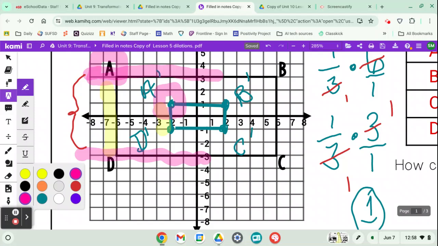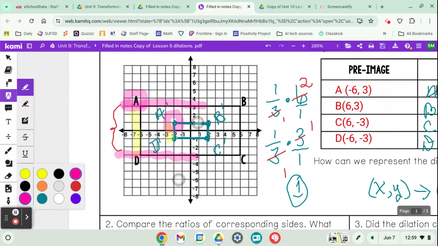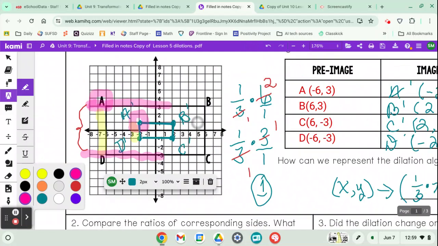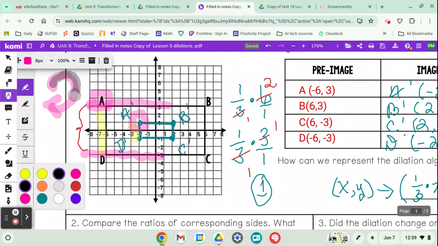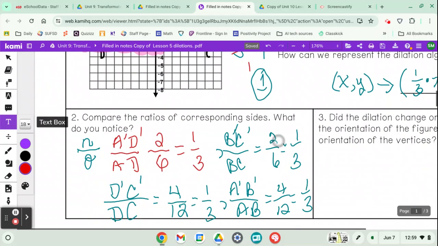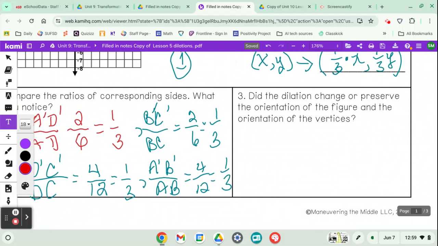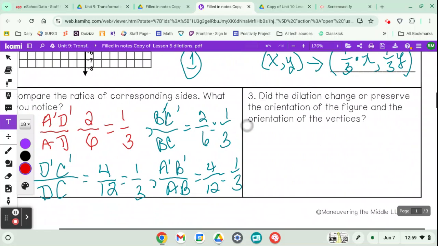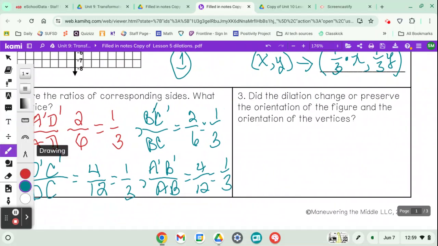For the orientation of the corners, when we name rectangle A, B, C, D, we are going clockwise. And when we go ahead and do it for A prime, B prime, C prime, D prime, we are also going clockwise. So down on our number 3 for the last box, orientation of the vertices and of the figure are preserved. They stay the same.